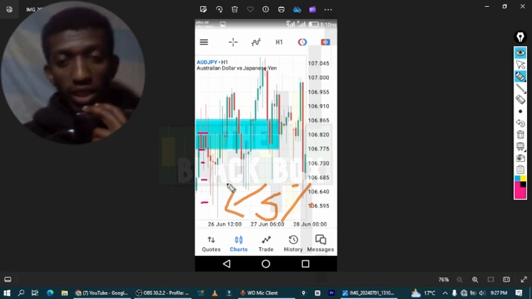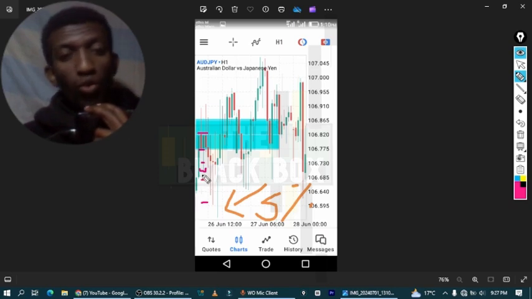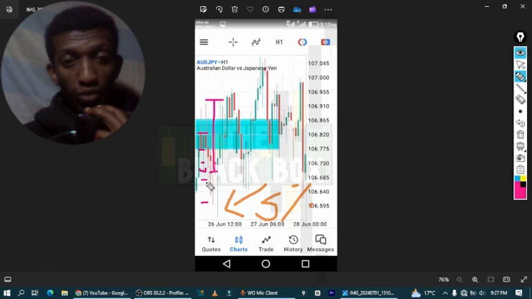The one thing I recommend you never do is this: if TP2 is very close, just like this one, this is the low of the second candle, right? TP2 is right around there. It is near, which means I don't want to risk this much money to only get this much profit.